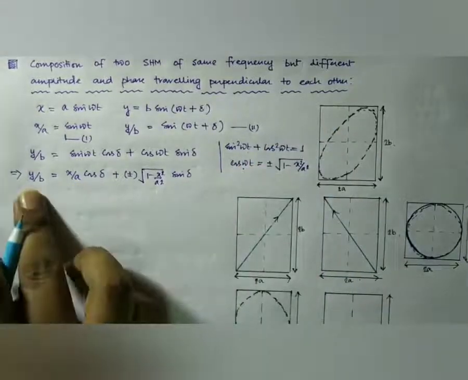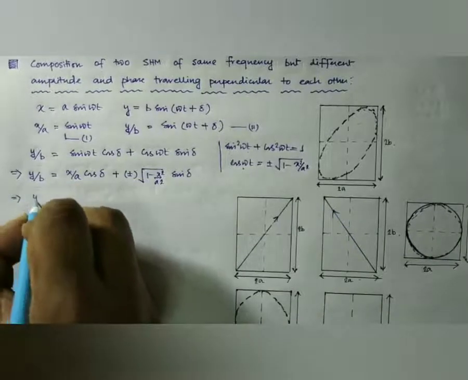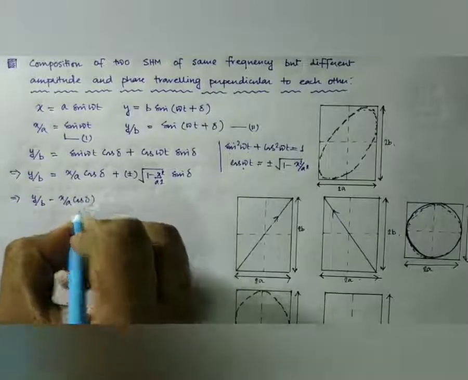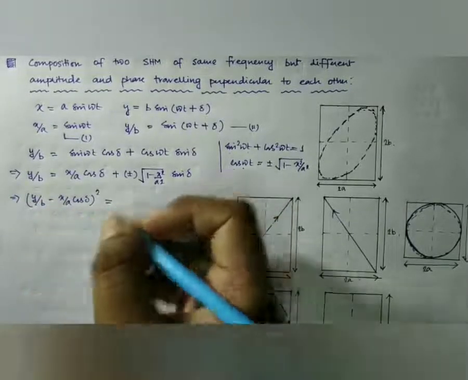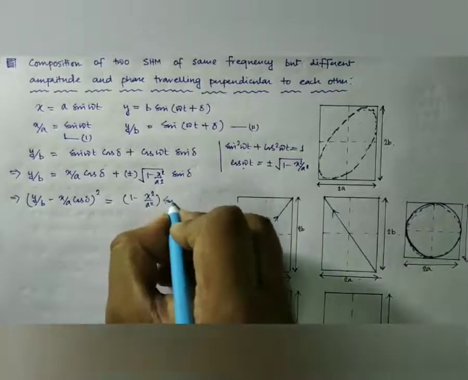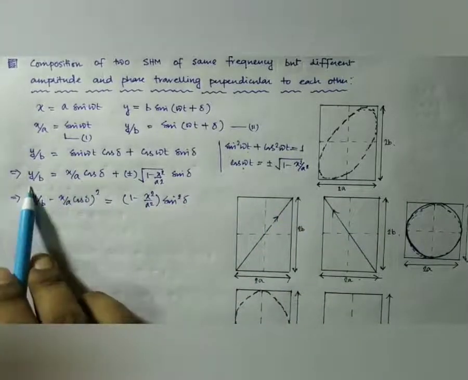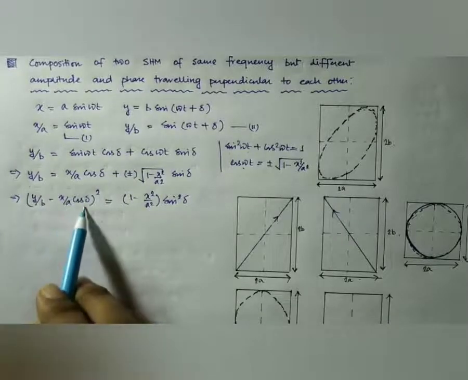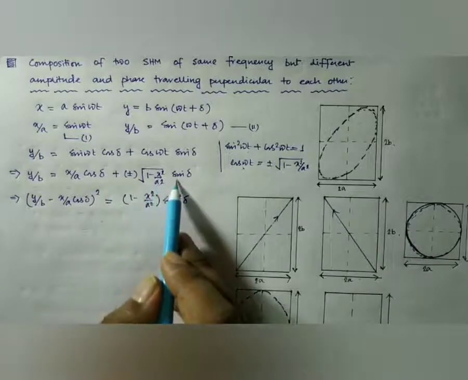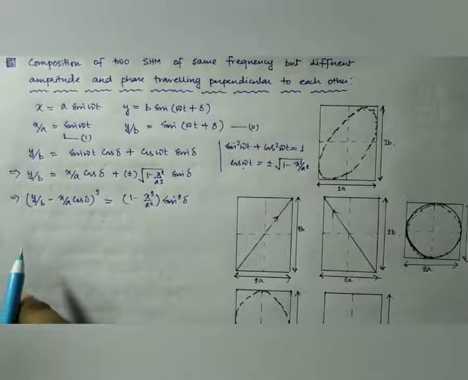Now if we take this term to the left hand side and square both sides, we have y by b minus x by a cos delta, this whole square, equal to 1 minus x square by a square into sine square delta. We just have taken this term to the left hand side, y by b minus x by a cos delta, and on the right hand side we are left with plus minus root over 1 minus x square by a square sine delta. Now we are squaring both sides.